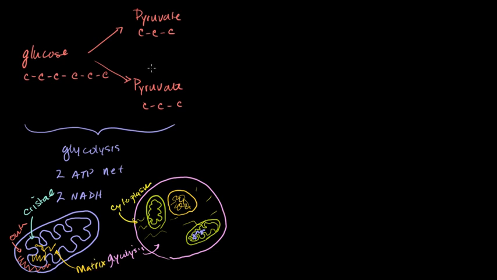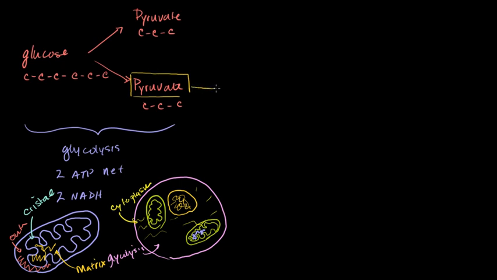Now, you have these pyruvates. They're not quite ready for the Krebs cycle, so how do you make them ready? They actually get oxidized, and I'll just focus on one of these pyruvates. We just have to remember that this happens twice for every molecule of glucose.